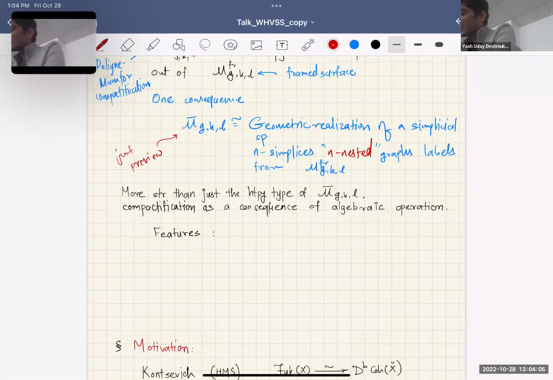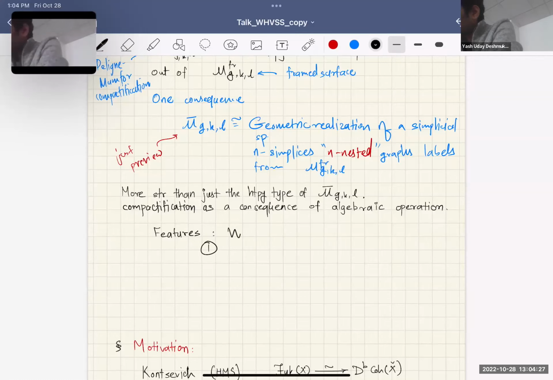That's going to be the theme. Let me start by mentioning some features of this description. Individually these features have appeared in several works, but the union of all of them has not appeared in a single description. Our description does cover all three points.